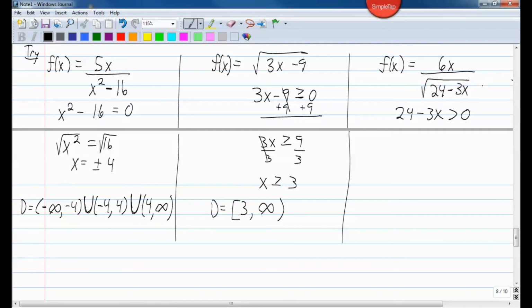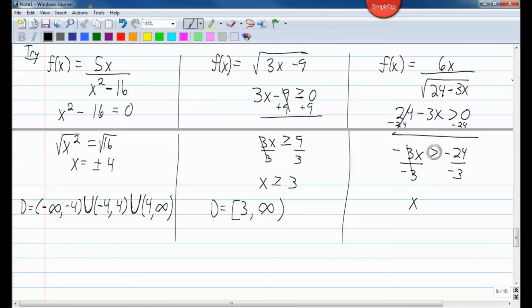Alright, so move your 24 over, subtract 24 from both sides. So I have negative 3x is greater than negative 24. Divide both sides by negative 3. When you divide by a negative, you flip the inequality sign.